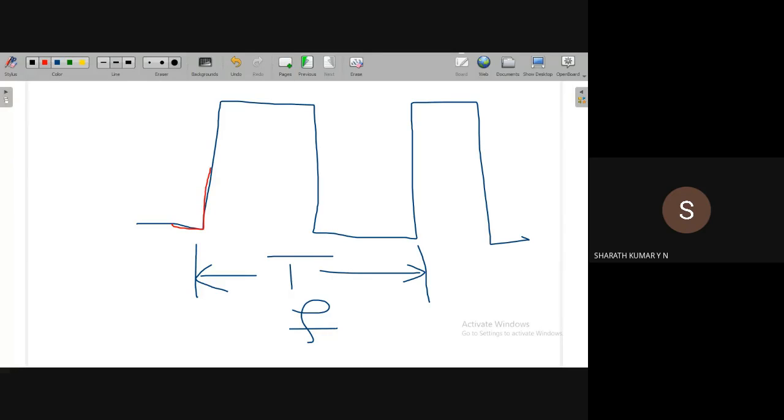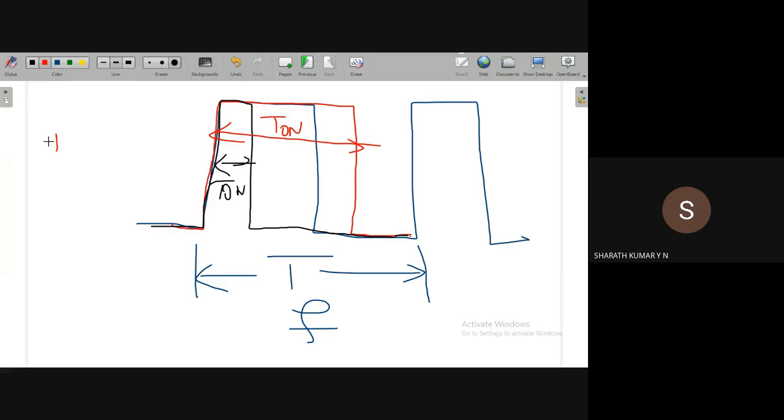For example, one possibility is this red color, and the other possibility is the black color one. In this case, what we find is this black color T-on is less than the red color T-on. So the T-on in red color is bigger than the T-on of the black color.